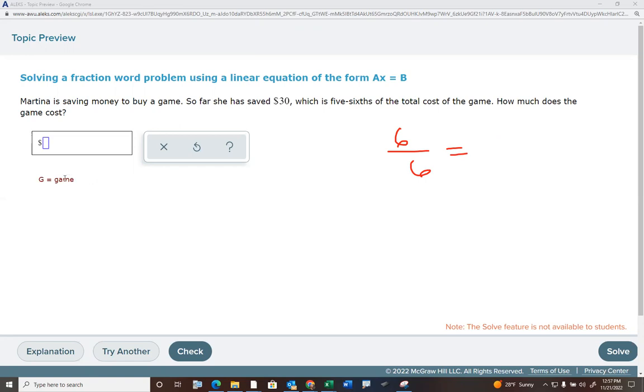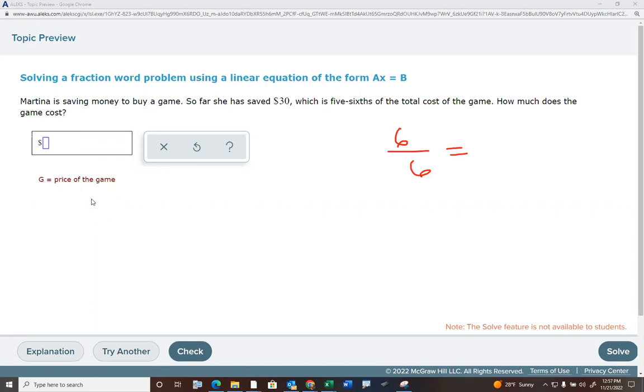Oh, it's not going to let me do that. How do I click back on it? There we go. All right. So I want to do this. Price of the game. If you want to be more specific, you can say price of Martina's game. But Martina's the only one in the problem, so I'm pretty sure that omitting her name right here is not going to make the math any harder.